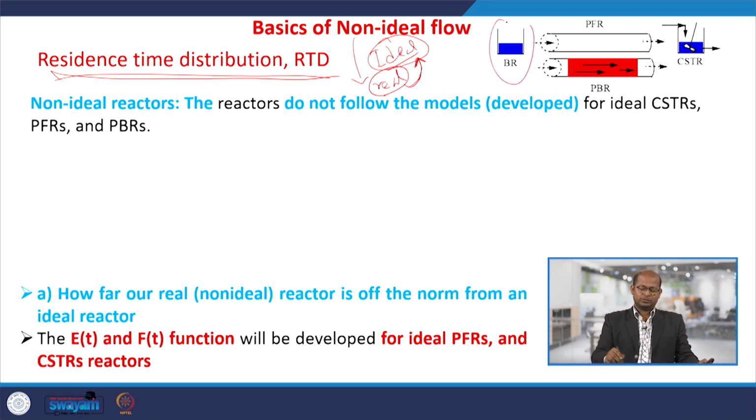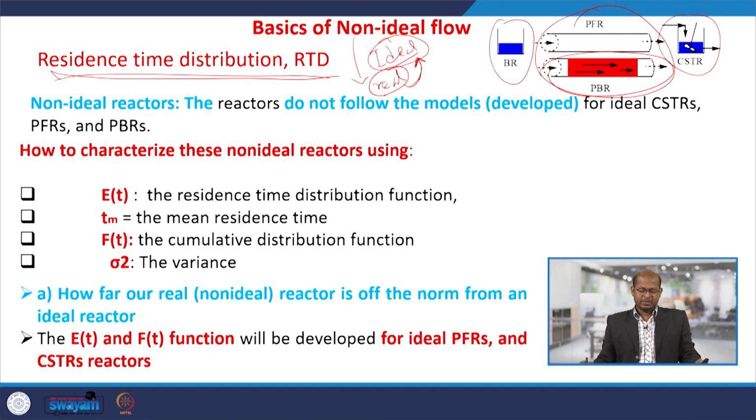These are the reactors we know: the plug flow reactor, the packed bed reactor, the CSTR. These are very common reactors. In these reactors we will discuss non-ideal flow, that is, residence time distributions. We want to characterize a particular reactor: what deviation is there, and to what extent it deviates from ideal.